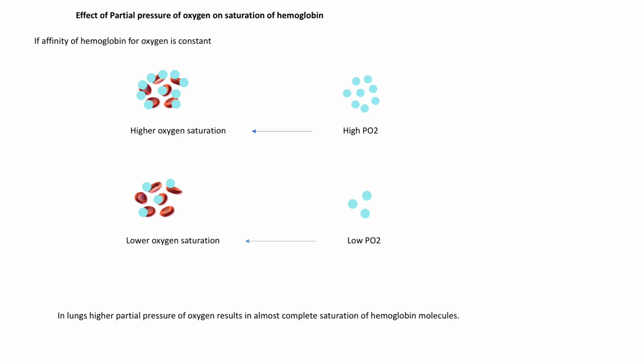So partial pressure of oxygen is one factor that affects binding or dissociation of oxygen from hemoglobin. In the lungs, partial pressure of oxygen is high, which increases oxygen saturation of hemoglobin, and in peripheral tissues, partial pressure of oxygen is low, which helps in dissociation of oxygen from hemoglobin and helps in delivery of oxygen to tissues.